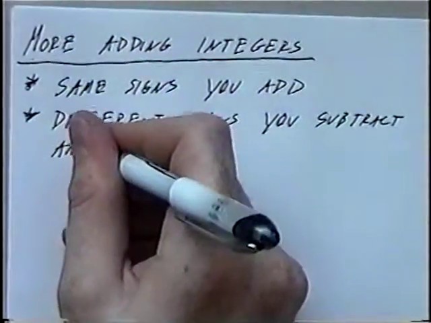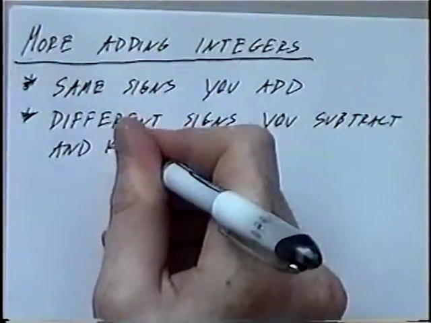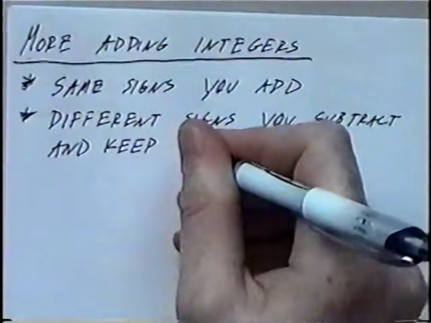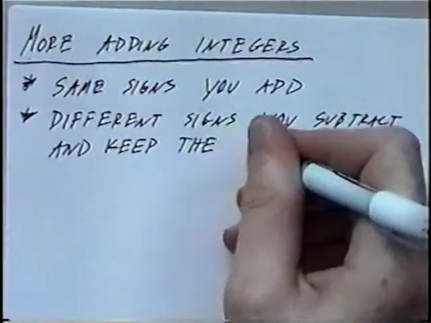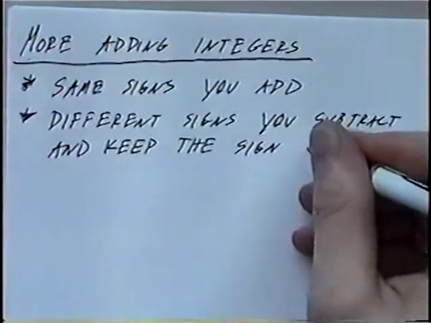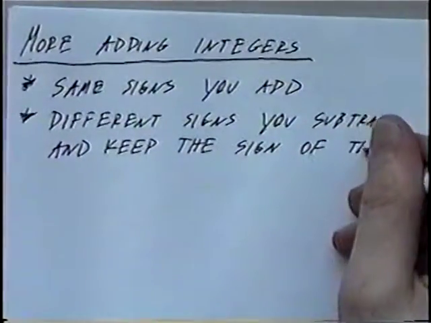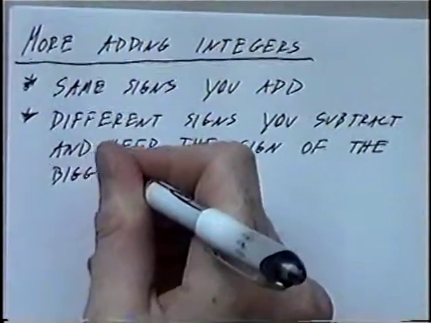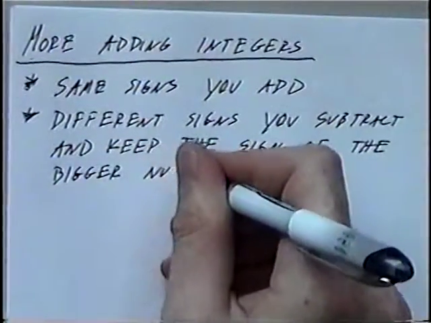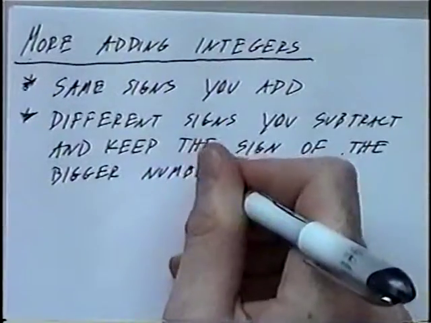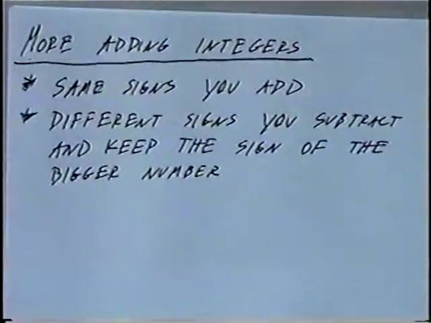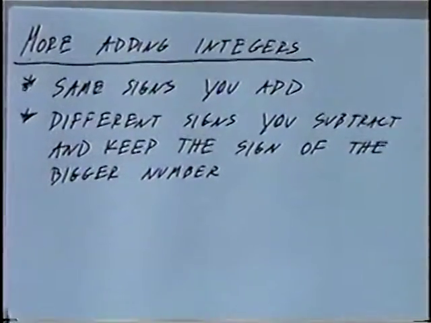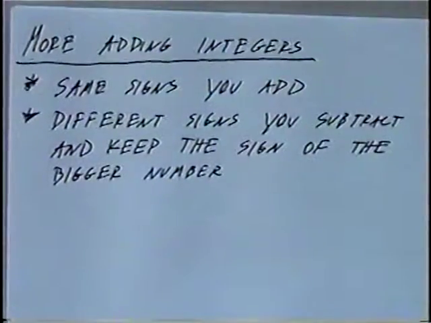And keep the sign of the bigger number. So instead of using algebra tiles like we did in that last section, we can follow these 2 rules to add integers.